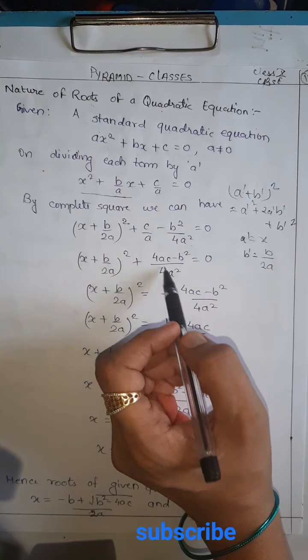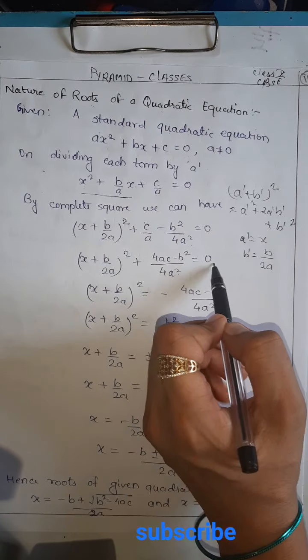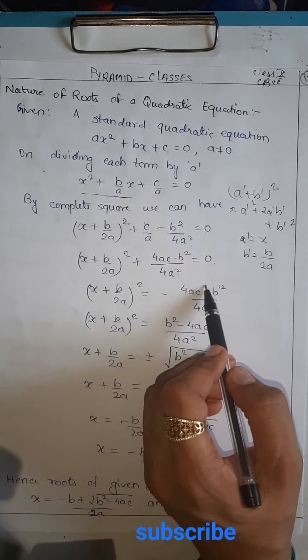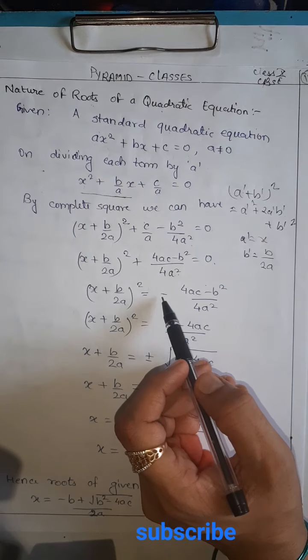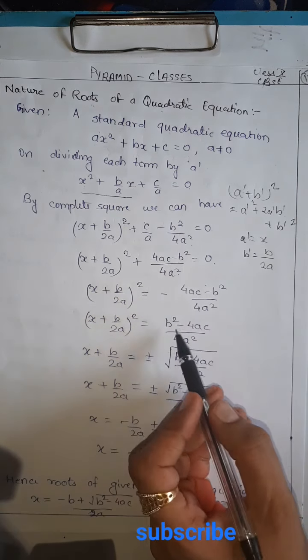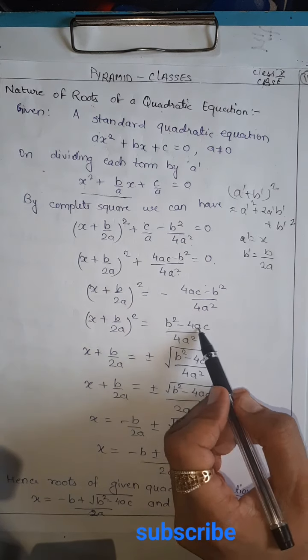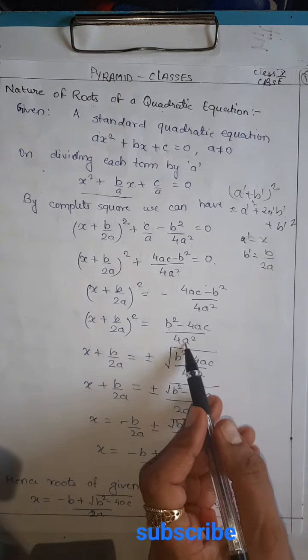On taking LCM, we get 4a square as the LCM, and 4ac minus b square is equal to 0. On shifting, the negative sign becomes positive and the positive becomes negative. What is negative here? b square. So it becomes positive b square, and the positive 4ac becomes minus 4ac, over 4a square.